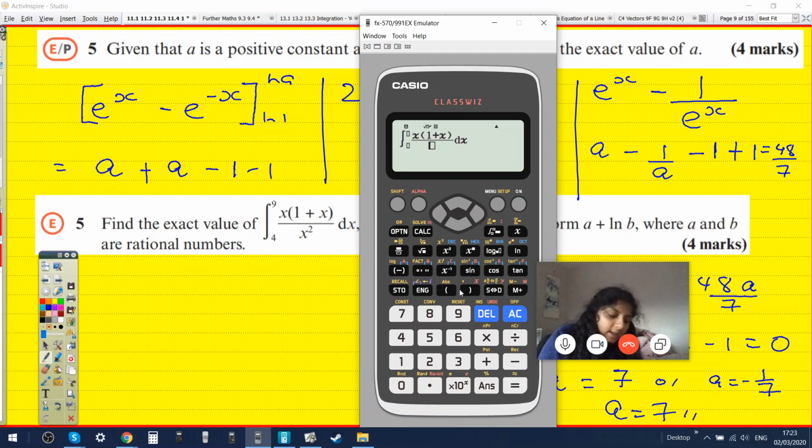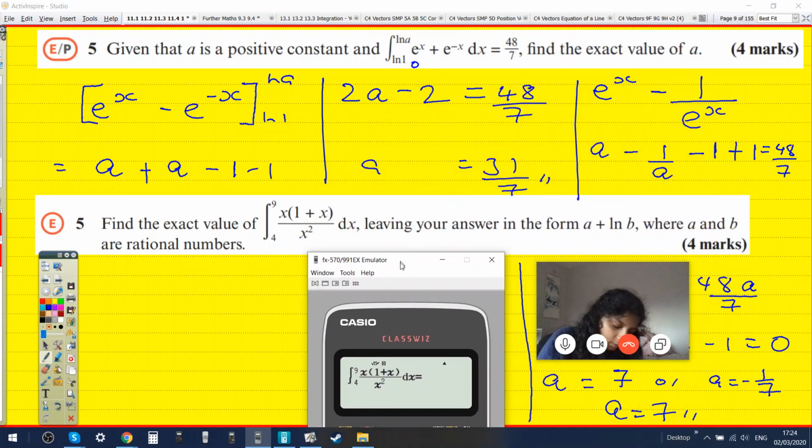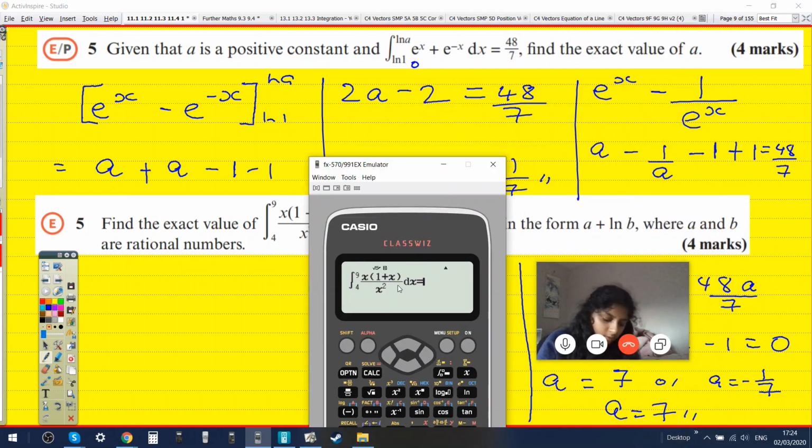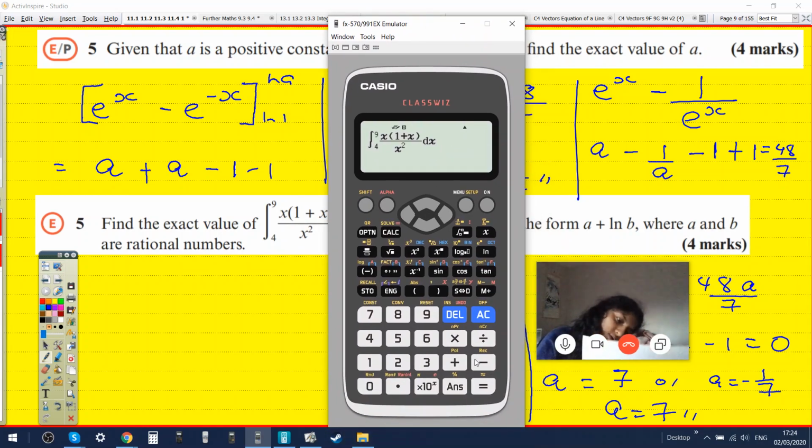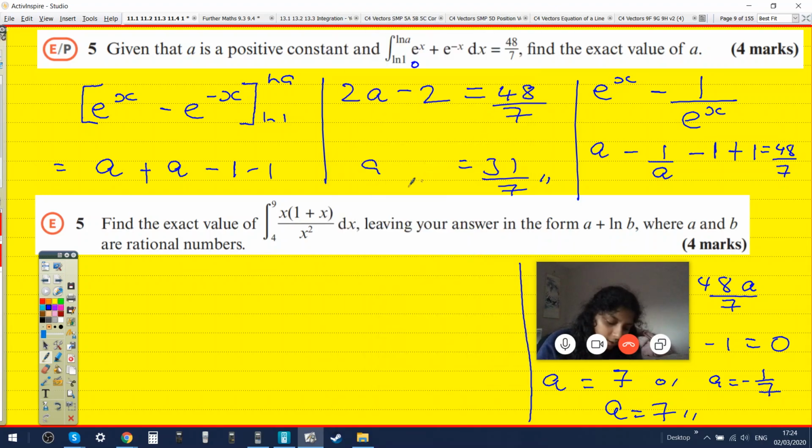You know how it's x, 1 plus x over x squared? Could you cancel out the x's? Partially, yeah. What could you cancel? X and like one x of the x squared. Yep. Okay. 1 plus x over x is... Would that give you ln x plus 1 when you integrate?